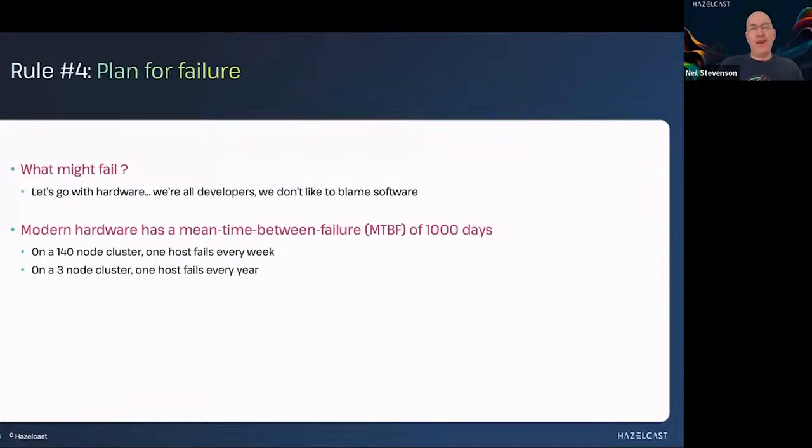And if it's a much smaller 3-node cluster, then you're going to have a machine failing every year. 1,000 days is about 3 years, so if you've got 3 of them, that's one a year. If they all take their turn, one fails in the first year, one fails in the second year, one fails in the third year. It might not happen that way, but let's go with it. So you're going to have a machine failing. Presumably your Hazelcast cluster is going to be running in production for more than a year, so it's going to see a failure.